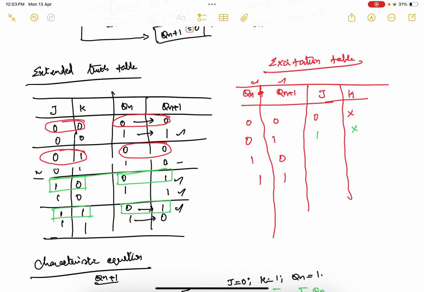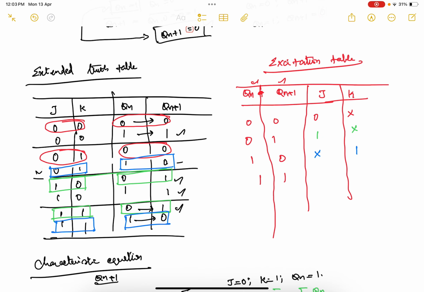So for the 1 0 condition, what are the corresponding inputs? K remains constant as 1, but J is going to change from 0 to 1. So for J I will put X, and K remains constant as 1.